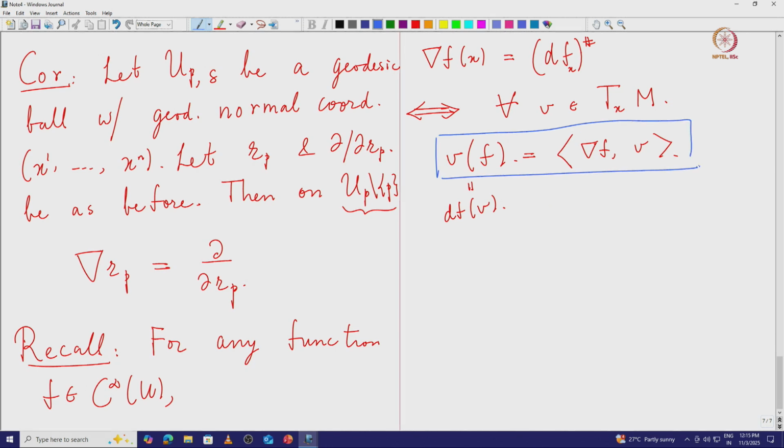So now let us try to prove the corollary. So what is the goal?